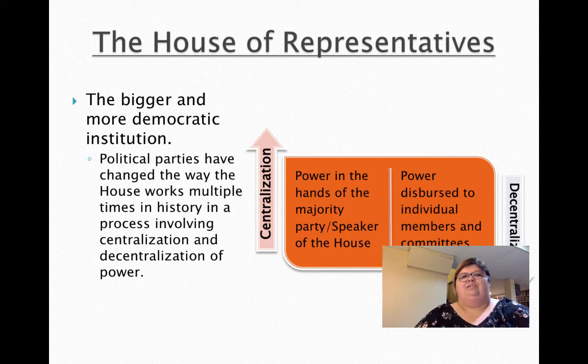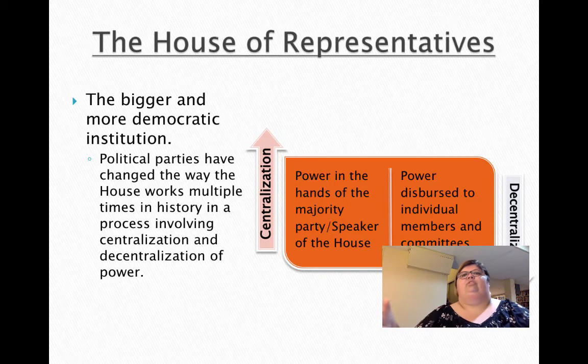There's also decentralization. Decentralization means that power is dispersed amongst the entire body. And largely this is done through committee heads. So committee heads become powerful in their areas of subject expertise, but that's only that area. So each committee head has power, and usually this happens by seniority.